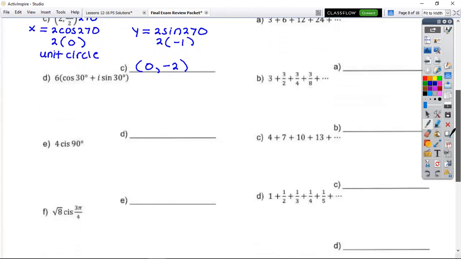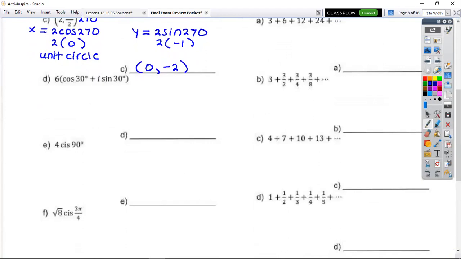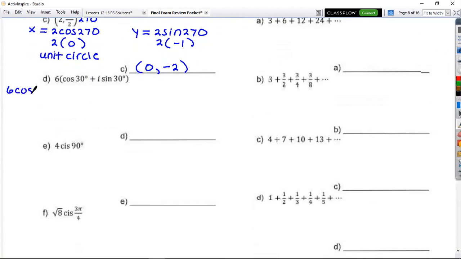Next. You're just going to take the notation and do the same exact thing. But this is not going to be listed as an ordered pair because obviously your notation has changed. So you have 6 cos 30 for x, and then y equals 6 sine 30. And hopefully these are getting faster.